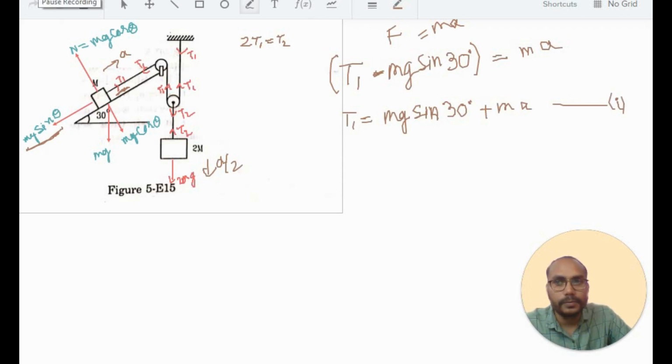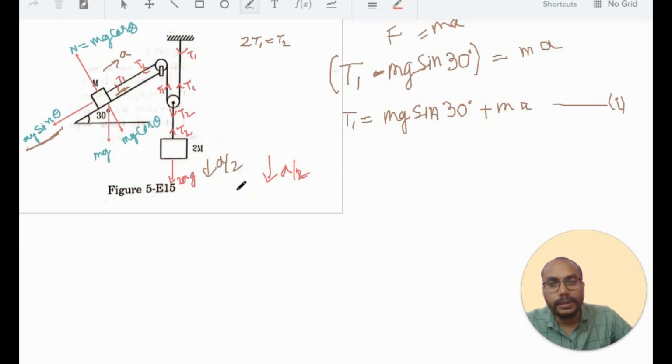using laws of motion. Now we need to find another equation using mass twice m. In this case the acceleration is downward. Mass twice m is accelerating in the downward direction with a by 2 acceleration.